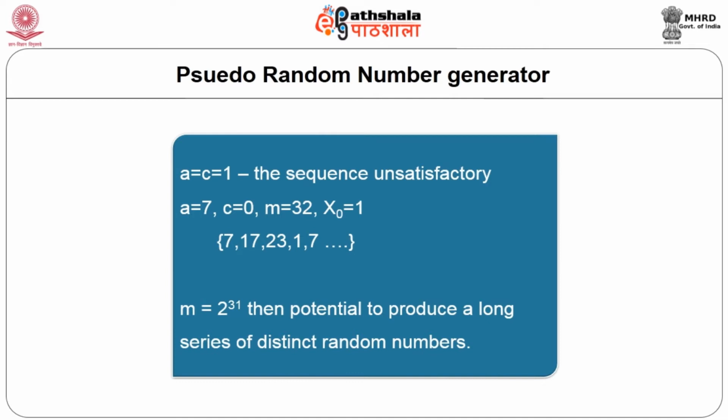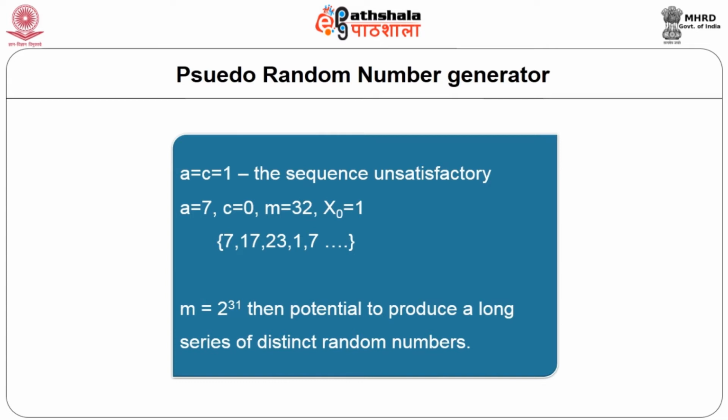If my xn, that is the current value, is 12, the next value would be 13, then 14, then 15, and so on. That does not meet our criteria of unpredictability, because given a number, one can always predict what would be the next number.